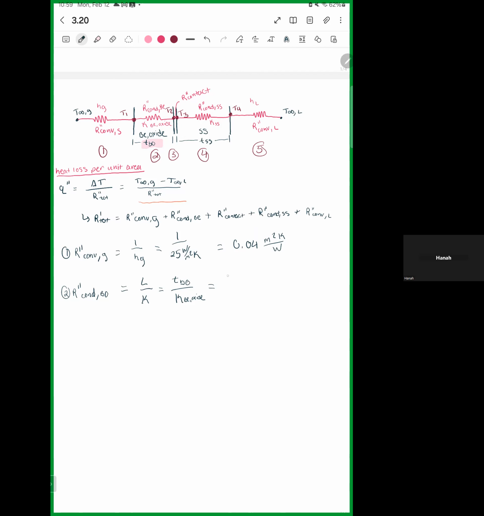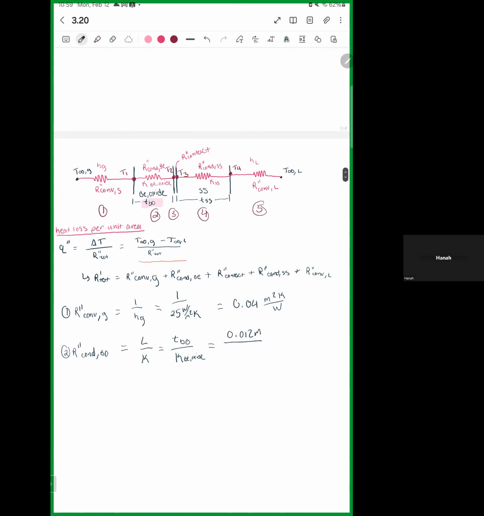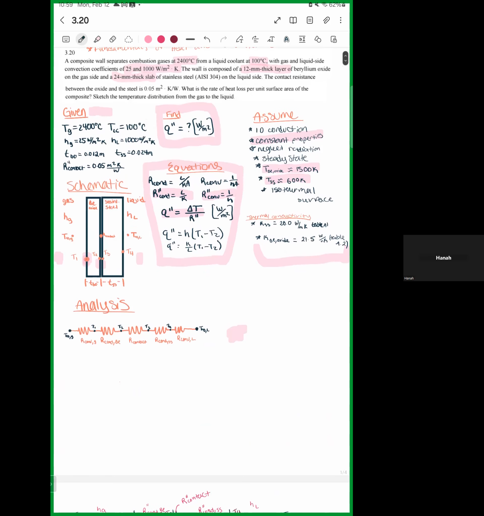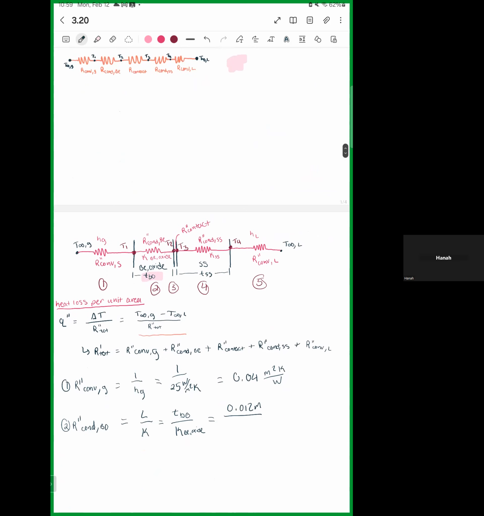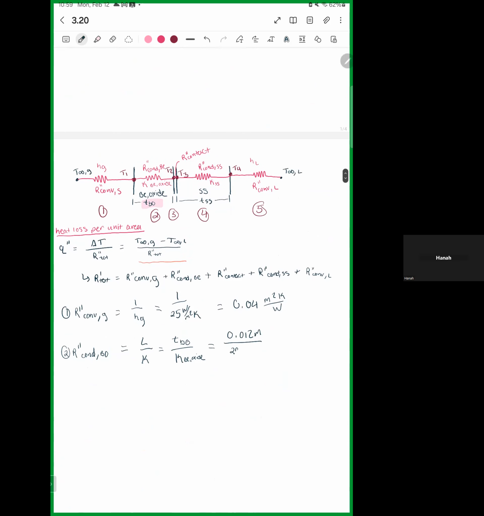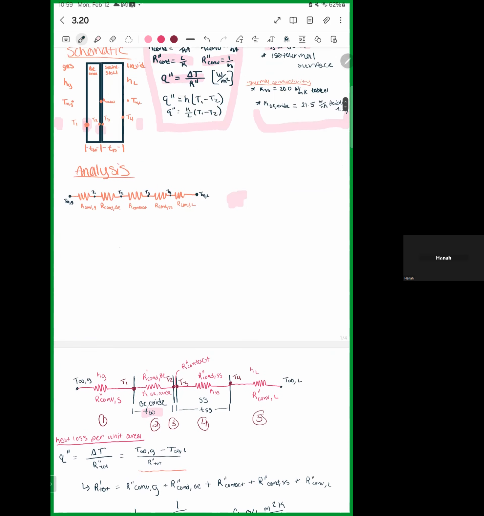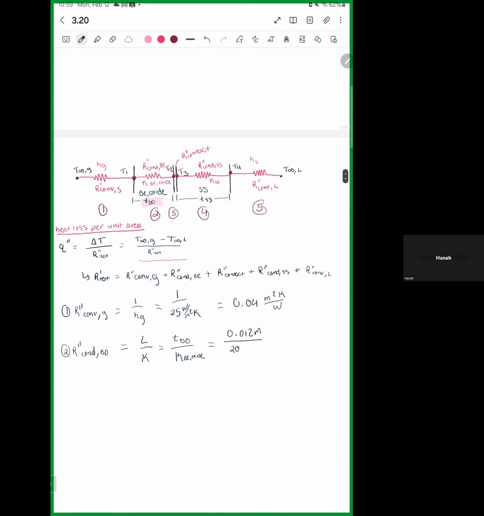So for that, we have 0.012 meters over, we found the thermal conductivity to be 20 watts per meter Kelvin.